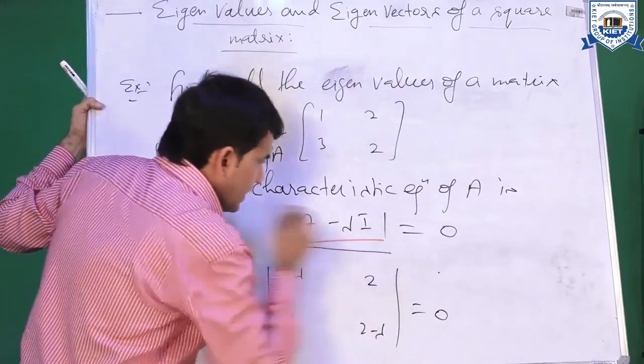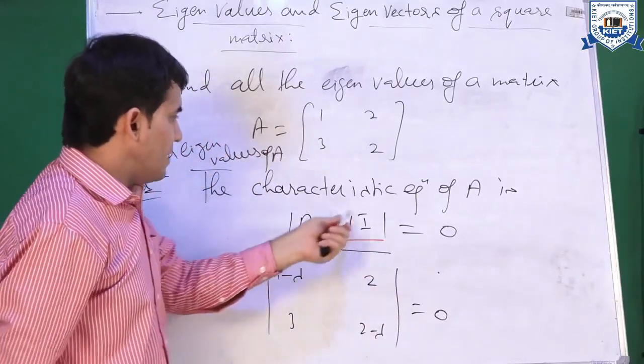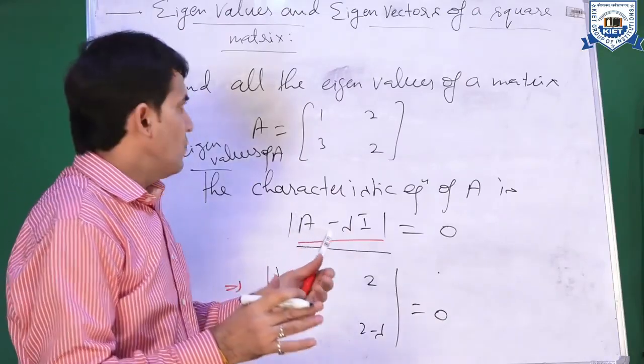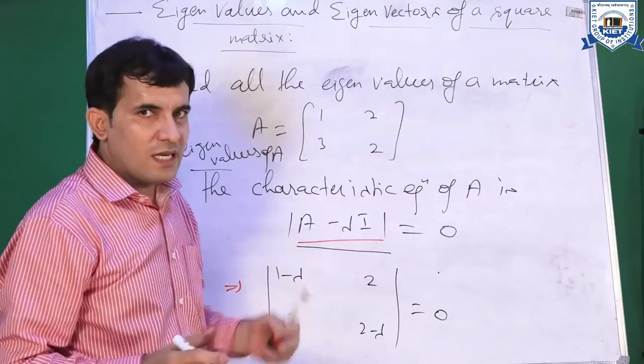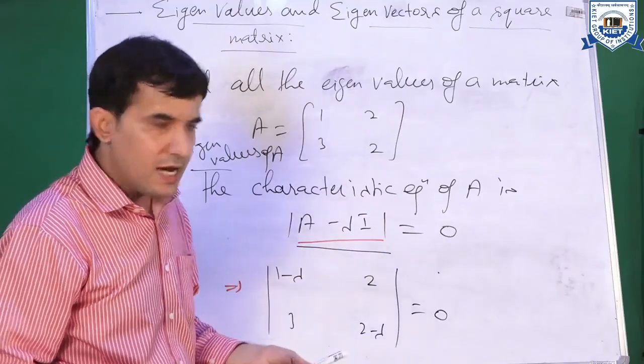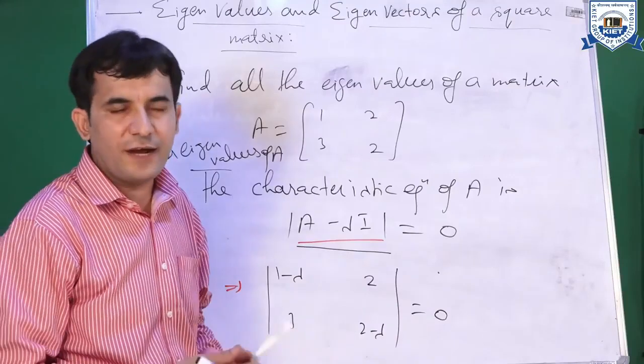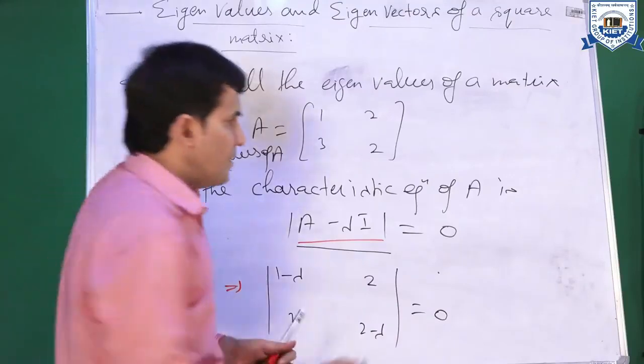Actually, this matrix A minus lambda I is the subtraction of two matrices. First, we have given matrix A minus lambda. Lambda is a scalar and I is the unit matrix of the same size as A. So we can easily find A minus lambda into I.